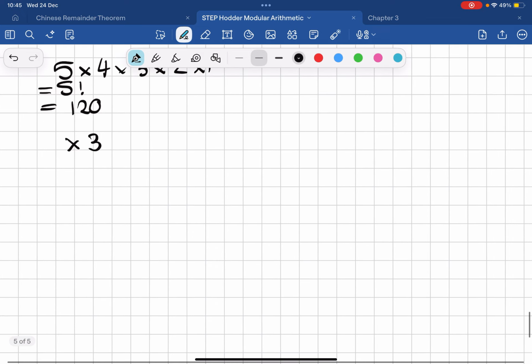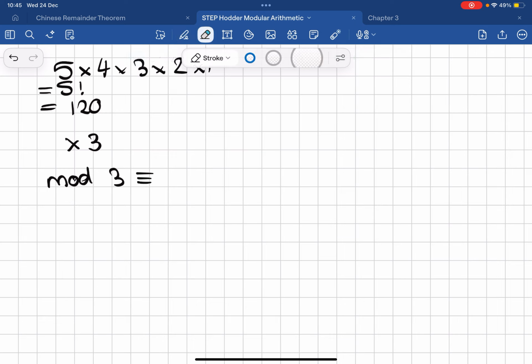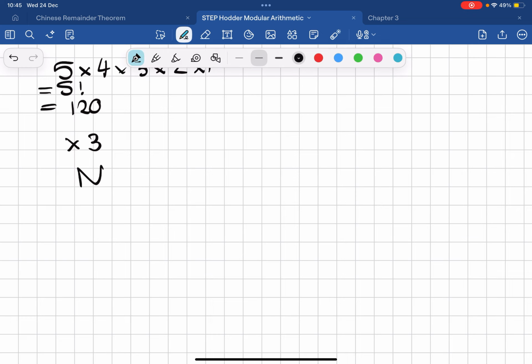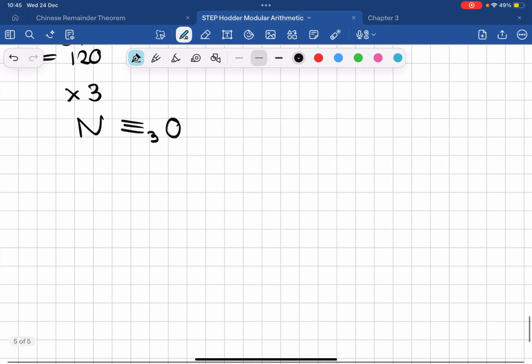So to get from 120 to 360, we multiply by 3. So we need to show that when we take this expression, call that expression N, mod 3, we get 0. Now, how do we show this?